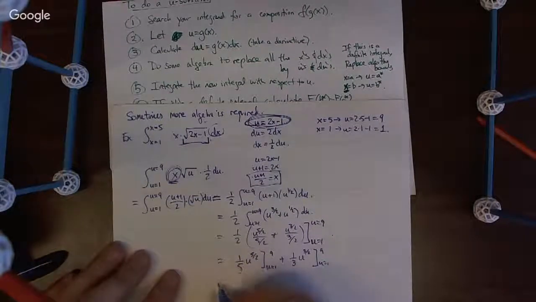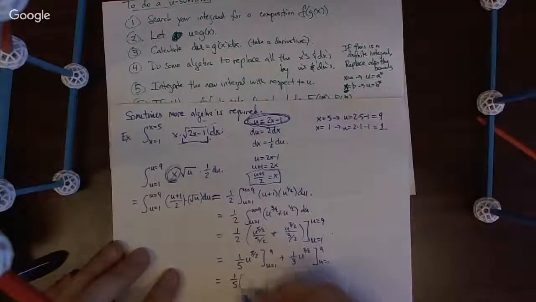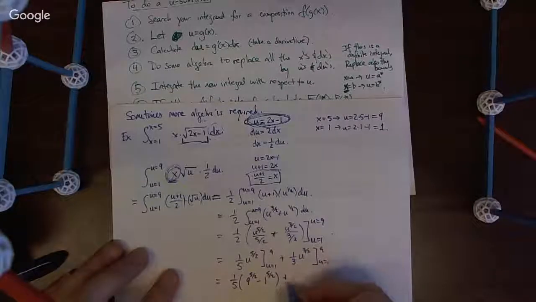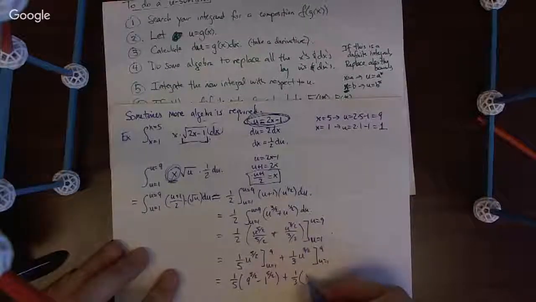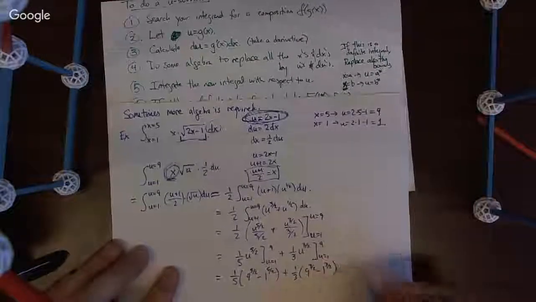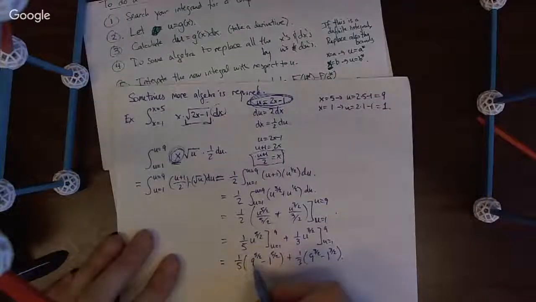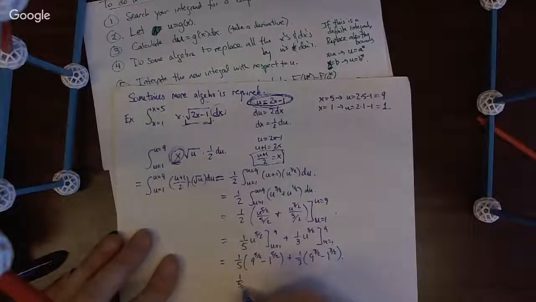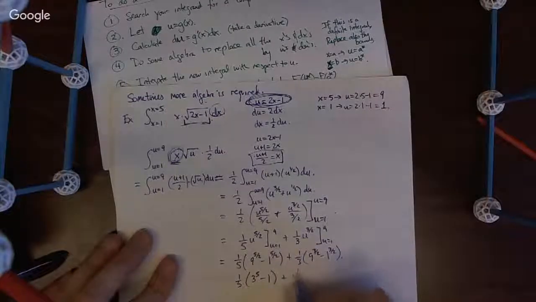So now we can plug in the values. 1/5 times 9 to the 5/2 minus 1 to the 5/2 plus 1/3 times 9 to the 3/2 minus 1 to the 3/2. 9 is 3 squared, so this actually ends up being 3 to the 5th minus 1.